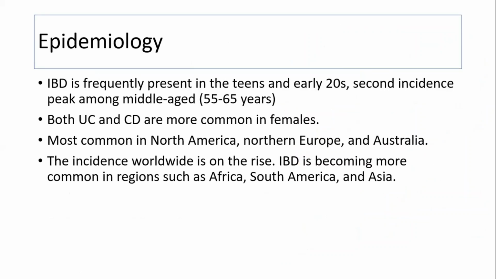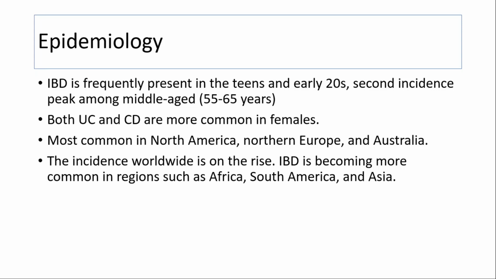So when we talk about IBD, we frequently see this in young adults, but there is a second incidence peak among the middle aged, around 55 to 65 years. Again, both UC and CD are more common in females.